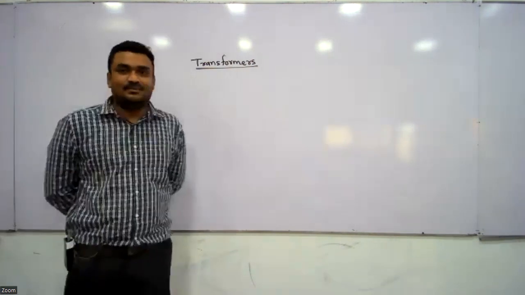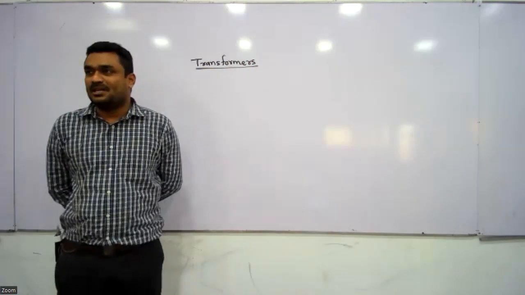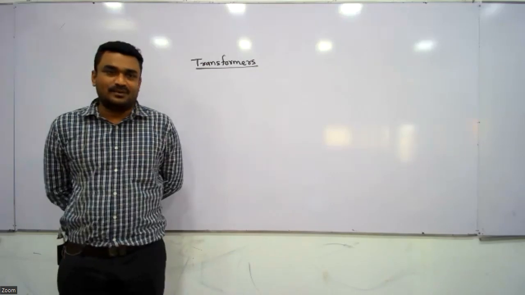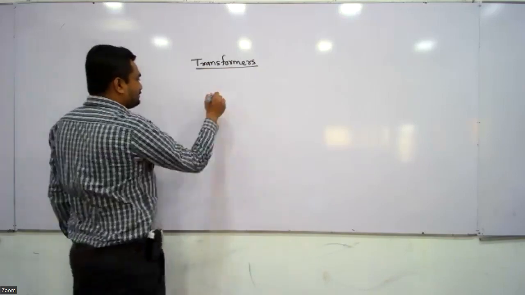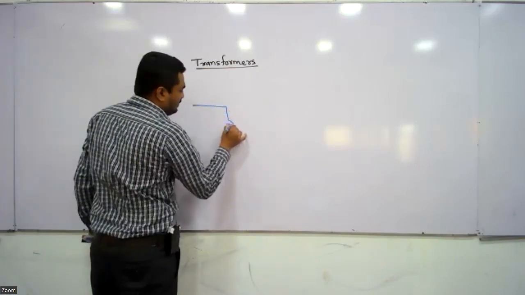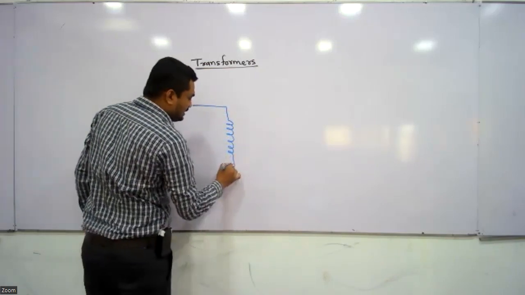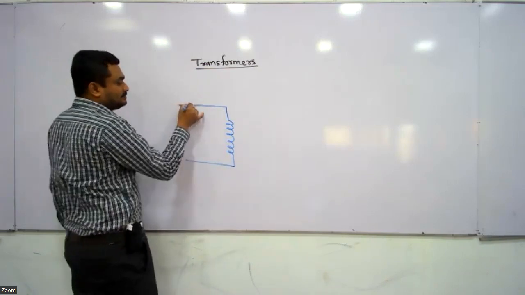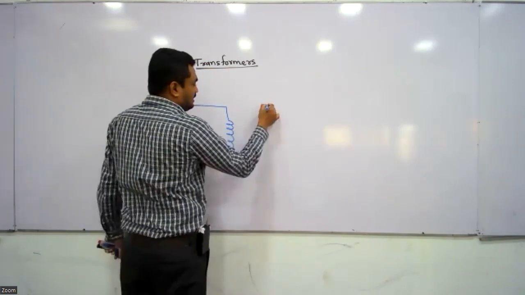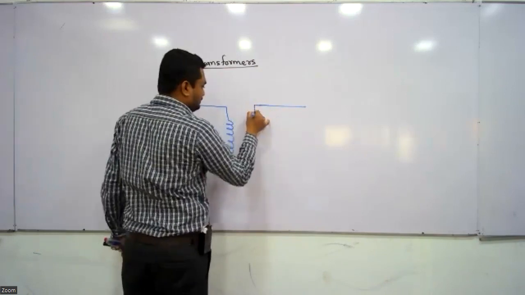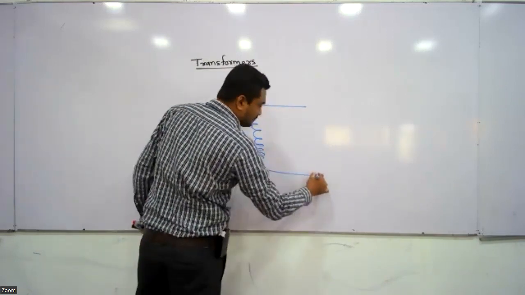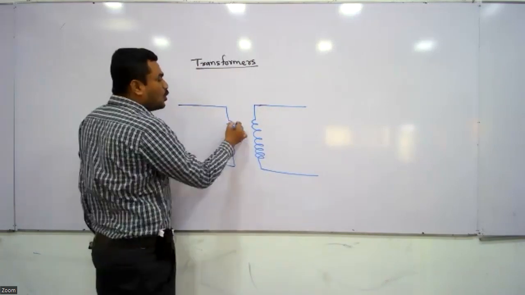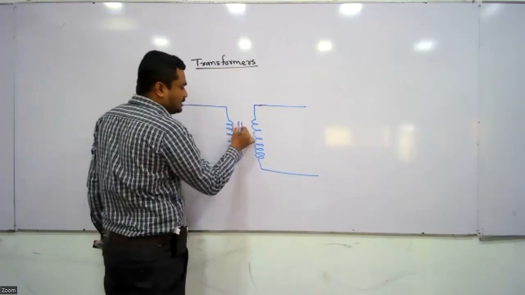Look at the board there. So this is the first coil. Look at the board. This is the second coil. And the core is indicated by these two lines.